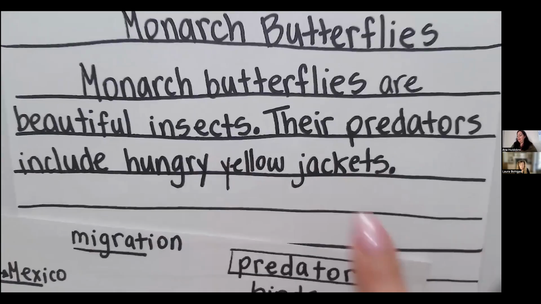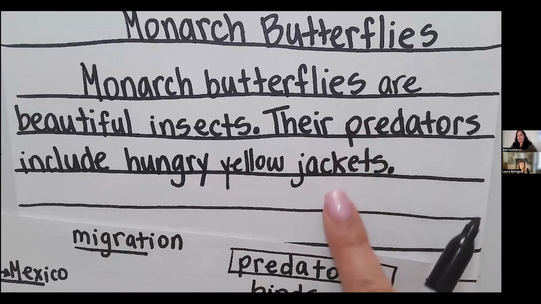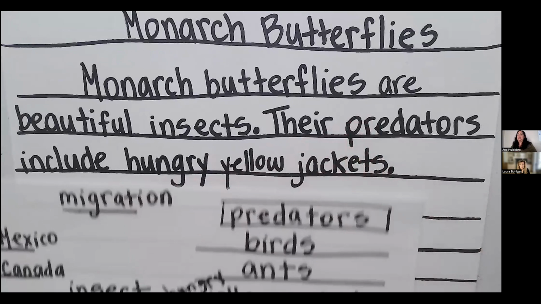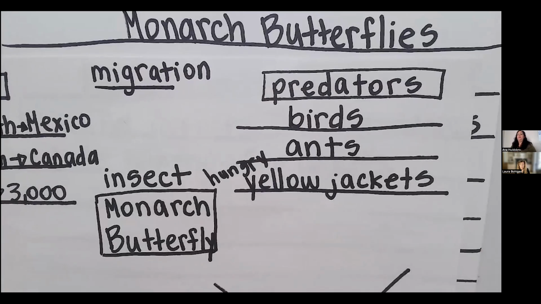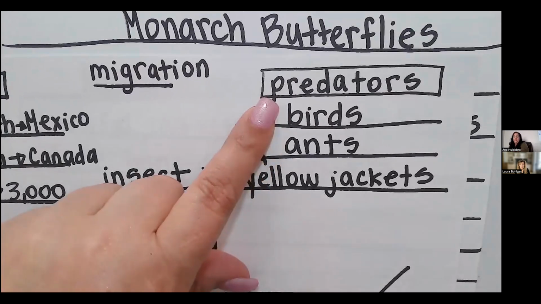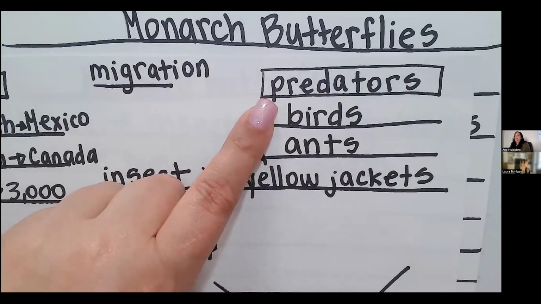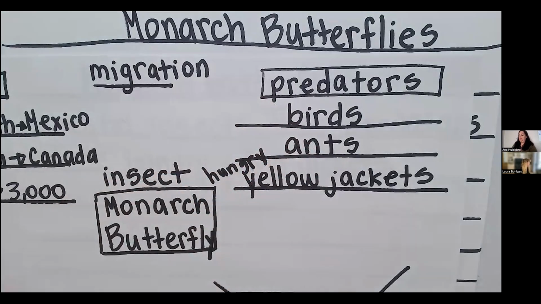But my sentence is my sentence. Please do not copy my sentence. Okay, do not copy my sentence. You make your own sentence regarding the word predators, and I would include the word predators in your sentence, or else include something that lets it be known that these animals eat monarch butterflies.